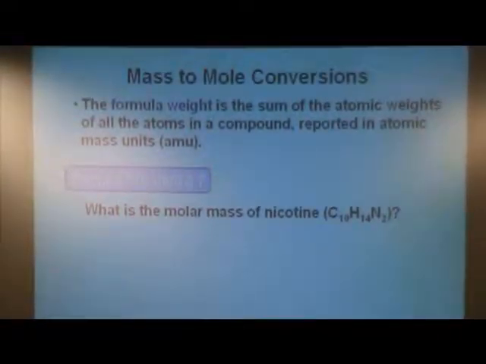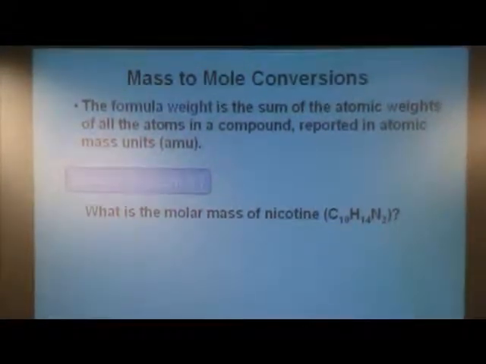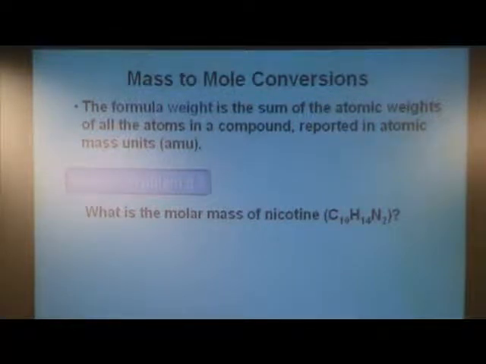Now, if you calculate the atomic weight in terms of grams, we call it molar mass. In other words, let's make this easier. For example, previously I was asking you a question. 1 mole of water is 18 grams, right? 18 grams is the molar mass of water. If I say 18 amu, 18 amu is not a molar mass.